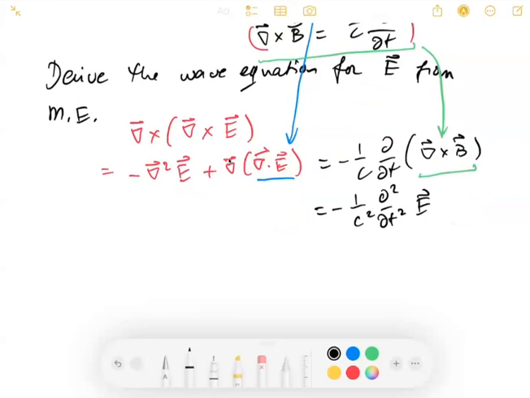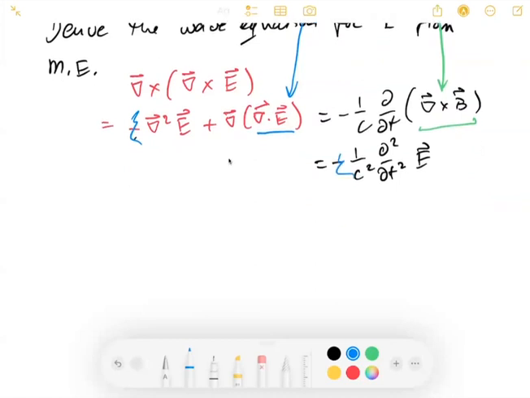And so this thing disappears, and finally we have the wave equation: the Laplacian of E is 1 over c squared times d squared E/dt squared. Okay, done.